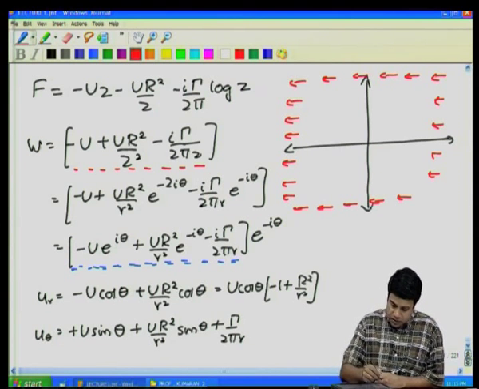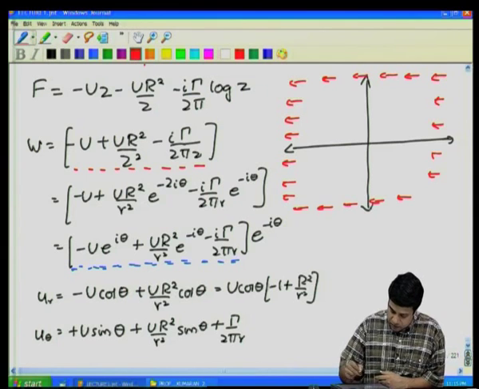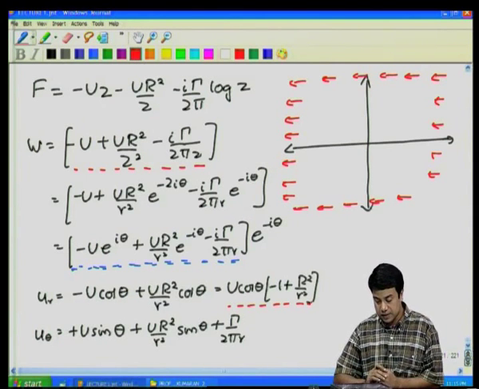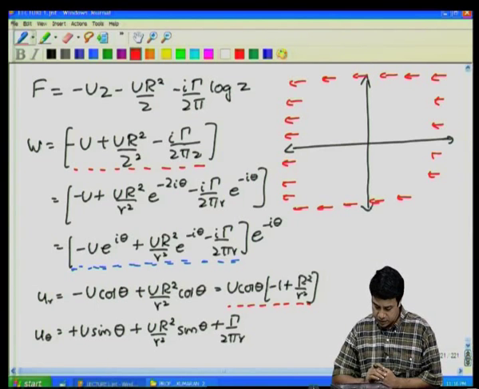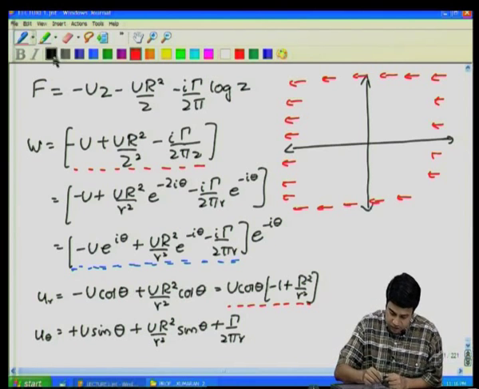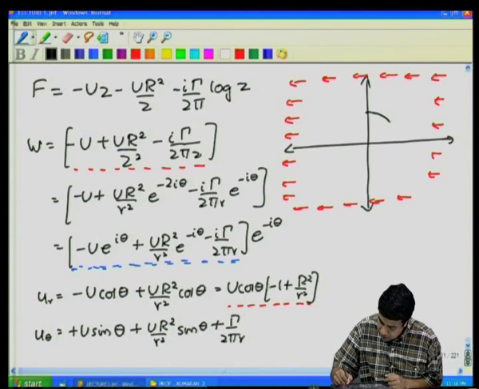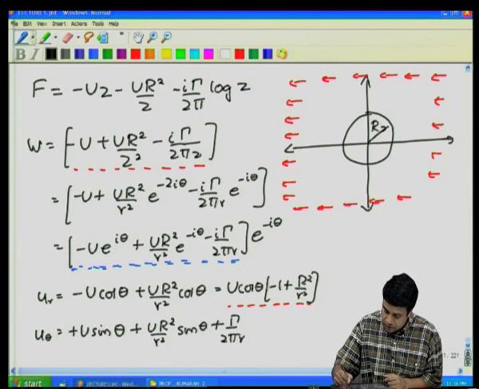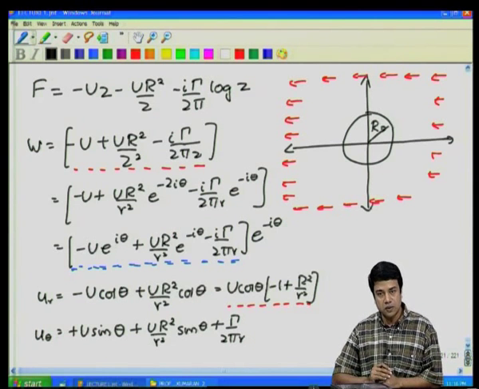The equation for u_r tells you that u_r is equal to 0 at r is equal to capital R. I have made a sign, this is correct. So, at r is equal to capital R, u_r is identically equal to 0. That means that you have a surface of radius capital R within the flow, at which the radial component of the velocity is identically equal to 0.